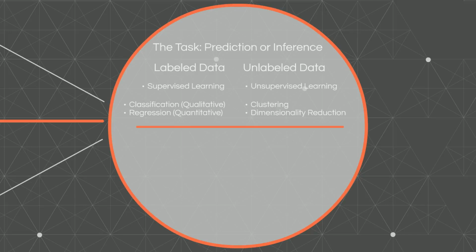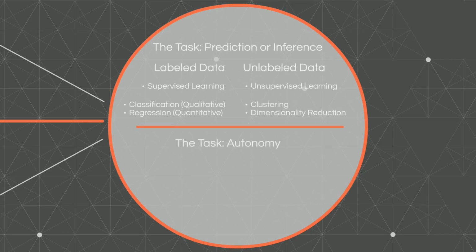Then you would want to do unsupervised learning. If you have labeled data, you have a lot of positive and negative examples, and then we can move on to supervised learning, which of course is going to contain both classification, if we're looking at a qualitative output, and regression analysis, if we're looking at a quantitative output. On the unsupervised side, you have clustering, and we've talked about it a little bit, but not as much. Dimensionality reduction would be another potential use case for unlabeled data.